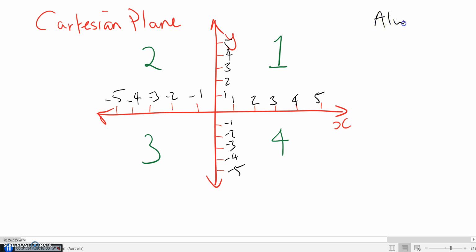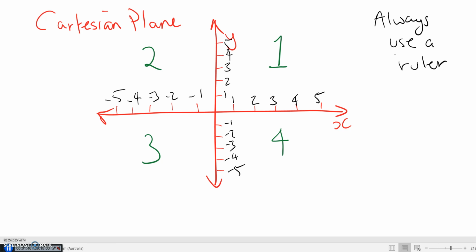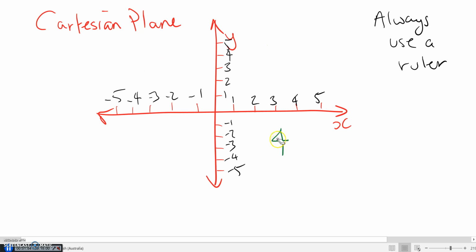One thing to take note of, I always want you to use a ruler when you do your Cartesian planes. Just makes things a little bit easier and certainly makes it more to scale. Alright, so we have our quadrants 1, 2, 3, and 4. I'm just going to get rid of them now and make them a little bit smaller.